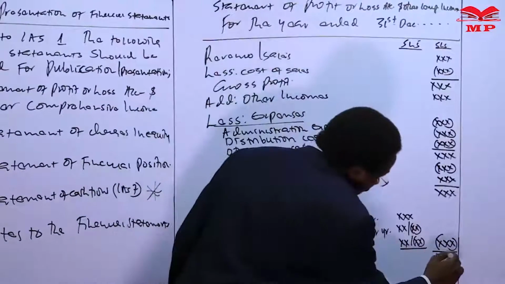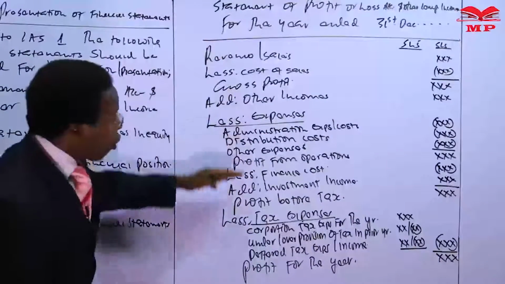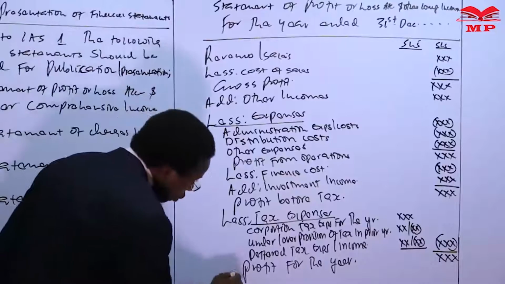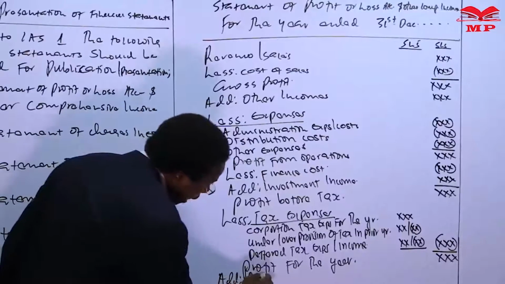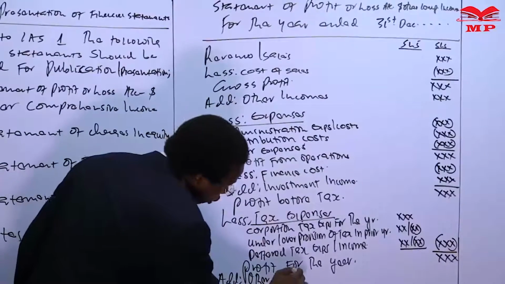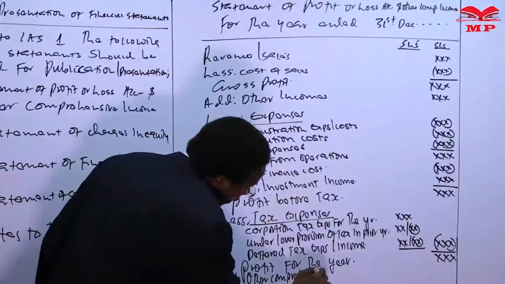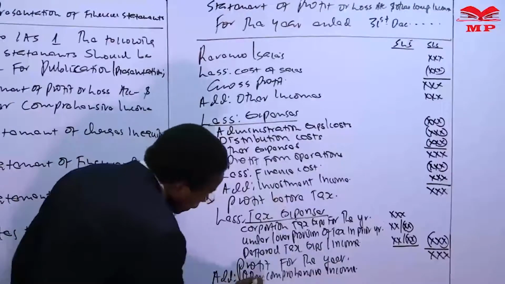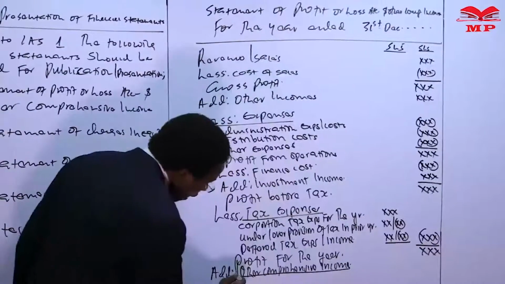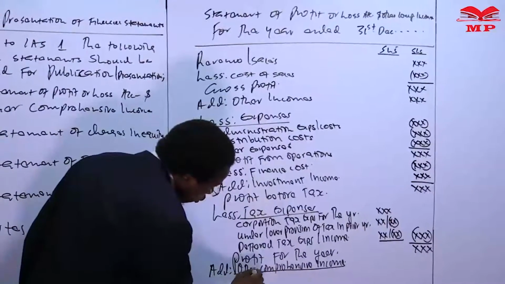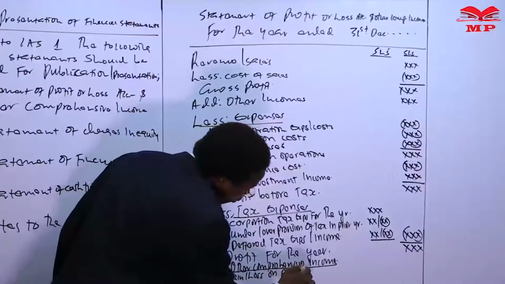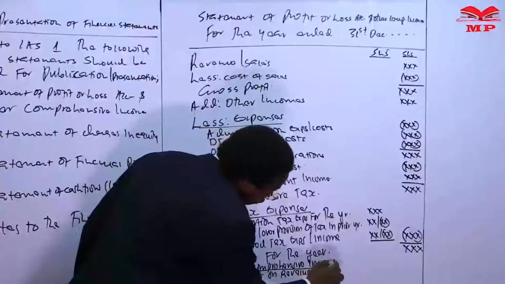Now, remember, friends, up to this point, we have our statement of profit or loss. But we are going to add other comprehensive income. The other comprehensive income here, we may have gain or loss on revaluation of assets.